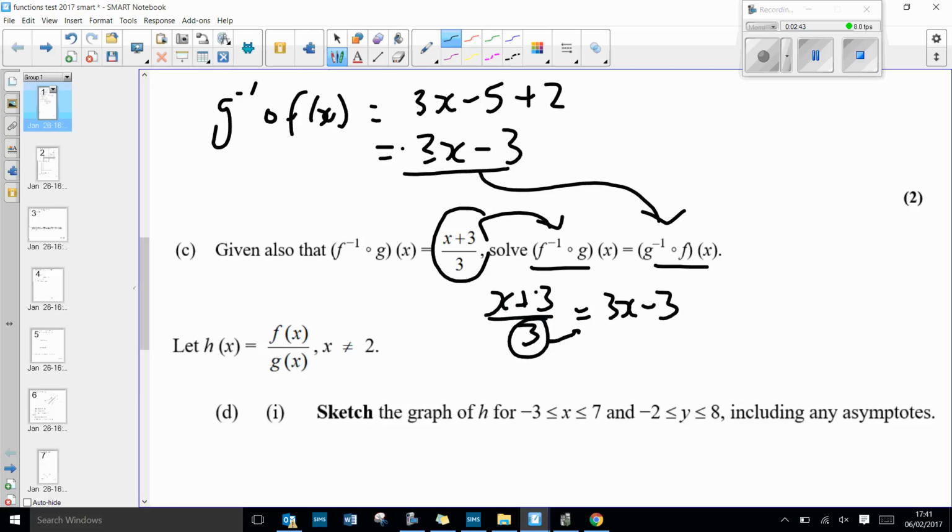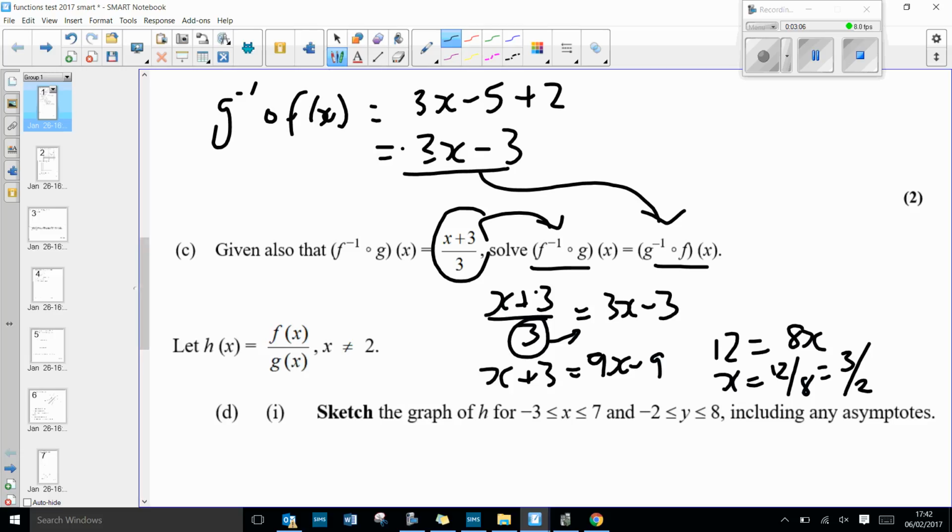We need to undo that, so it's x plus 3 equals 9x minus 9. Moving the x's to one side, numbers to the other, you get 12 equals 8x. x is 12 over 8, which is 3 over 2.